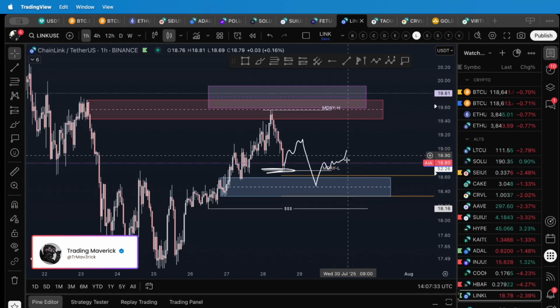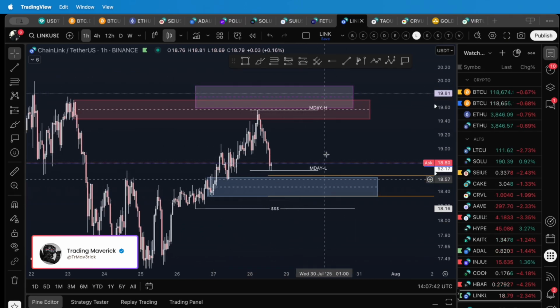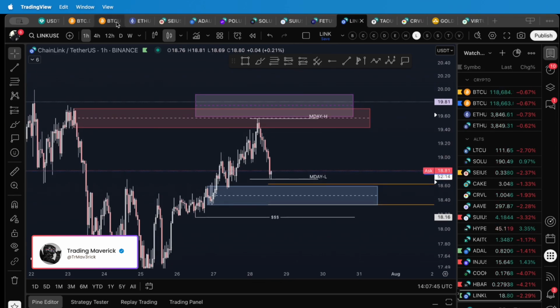So yeah, I will be doing pretty much this tomorrow on some altcoins. You mark out the Monday range and just look for sweeps and then enter.